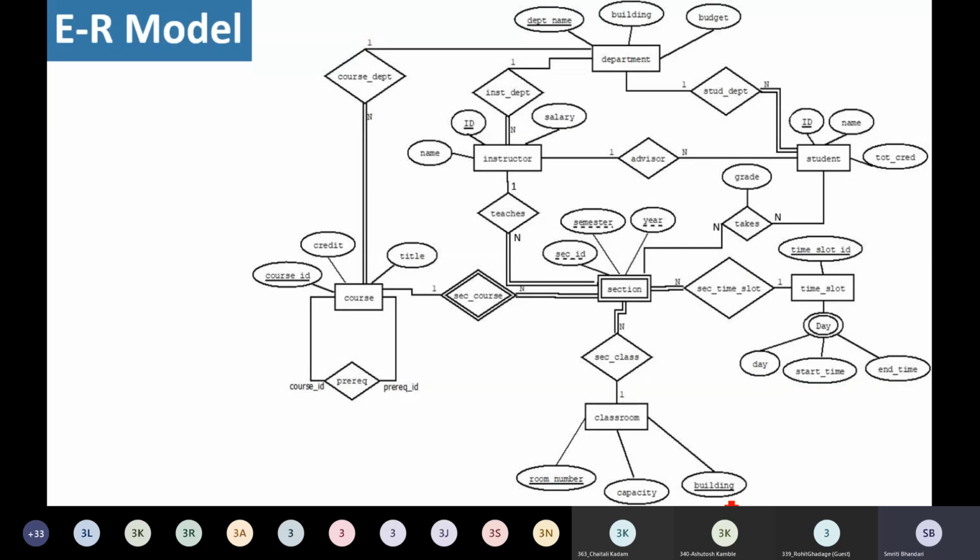If you have any kind of doubt, please let me know. Otherwise, we are going to continue. If anybody is having any doubt in this ER model, please let me know. Yes? Any doubts? Have you understood this ER model? Because we are going to refer to this ER model in further discussion.